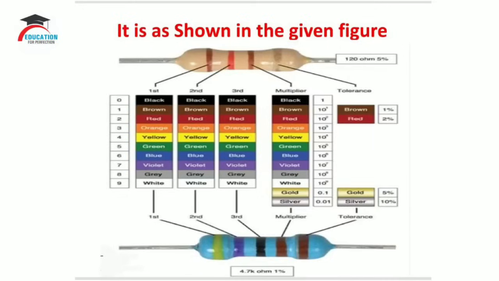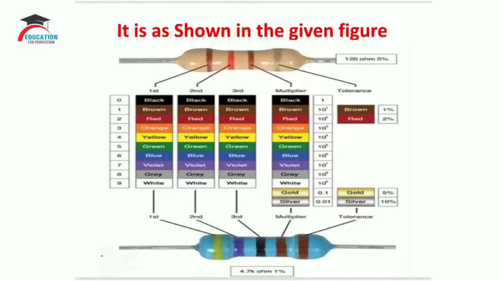So in this way, for calculating the value of this given resistor, now we have to consider the third color band also. The third color band in this case will be 1 into 10, that is, the multiplying factor will be 10.